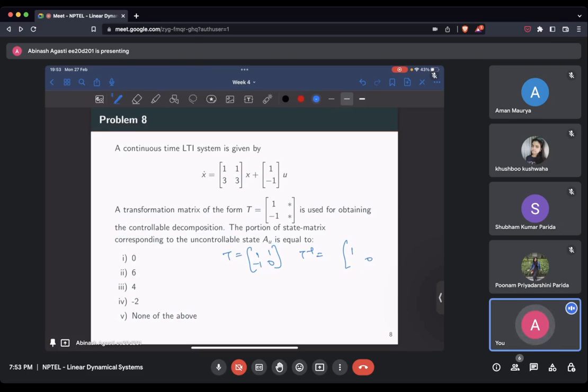So here I have 1 0. Is this the inverse? T inverse into T, what is it? 1 into 1, I get 2, right? I don't know. Let's just use a calculator. Give me a minute.